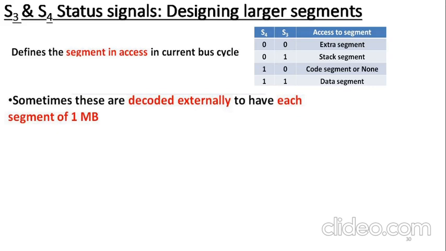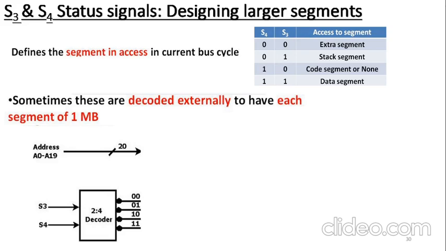You can observe it here. At the bottom, it is a 2 to 4 decoder. The inputs will be the S3 and S4 status signals. The outputs of that decoder will be 4 active low outputs normally, because most decoders have active low outputs only.